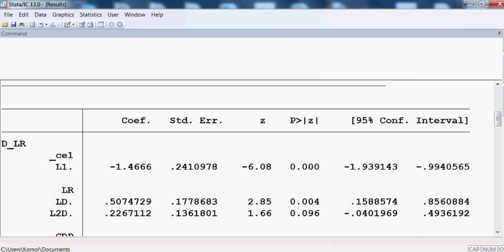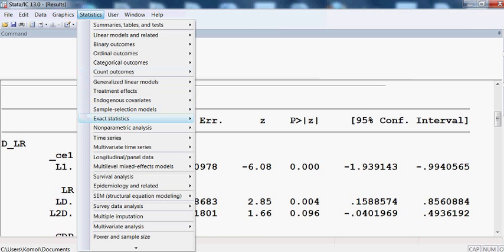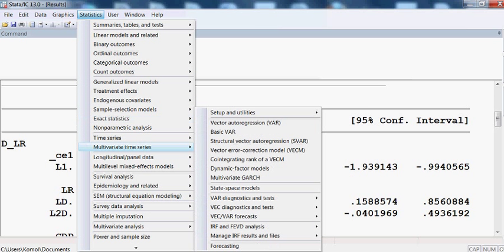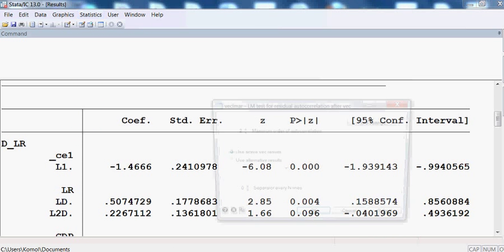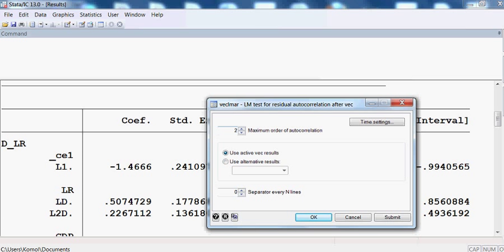That we can also check. Okay. So I go to statistics, then as before multivariate time series, then I go to VECM diagnostic and test, then I can go to LM test for residual autocorrelation, then here I take 2, right? Click on it.